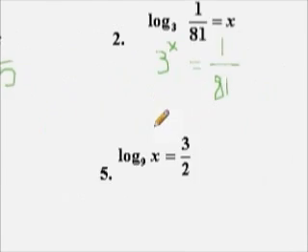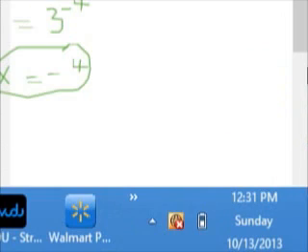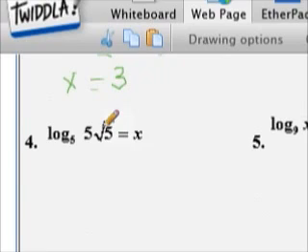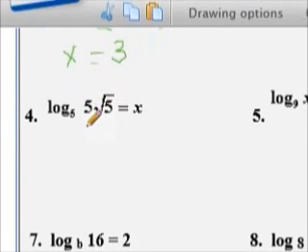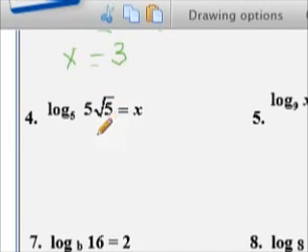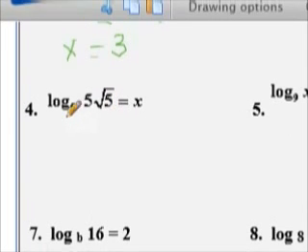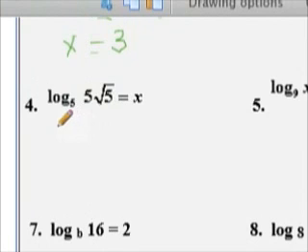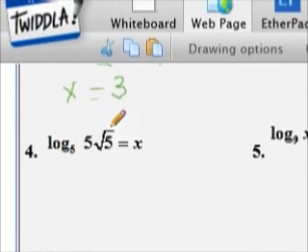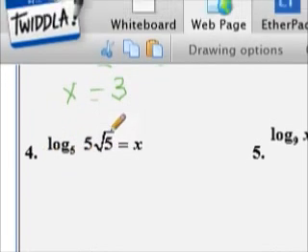Okay, what about this one? Just a moment. What about this one? Log base 5 of 5 square root of 5. Oh, the same question. Since the base is 5, I'm trying to find the value of this, which is x.